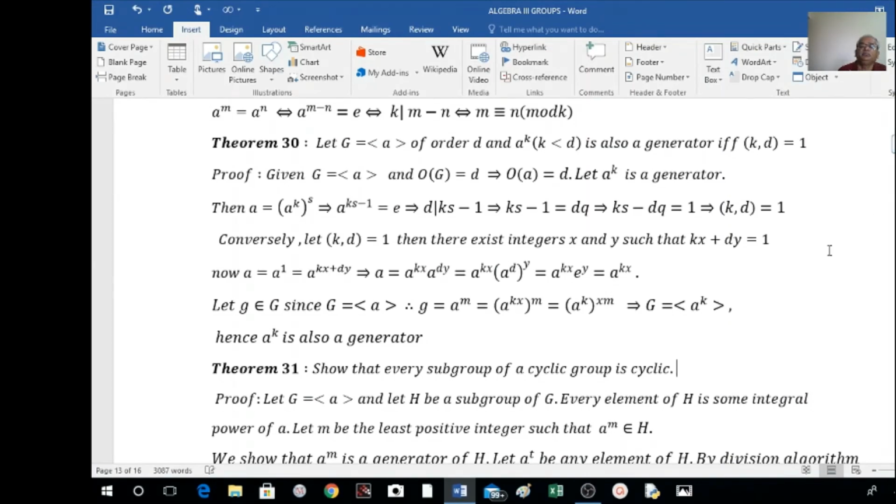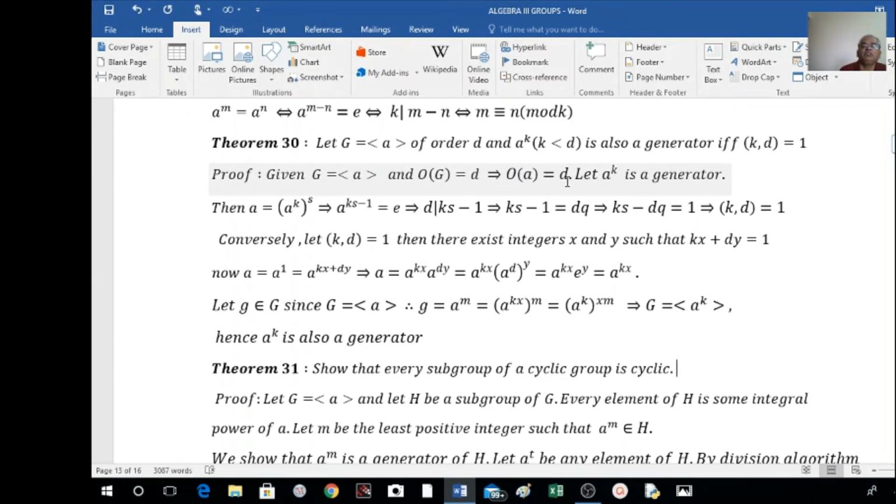To prove this, given G is the group generated by a, G is a cyclic group generated by a, and the order of G is equal to d.